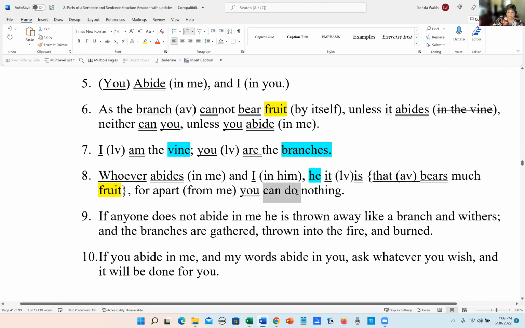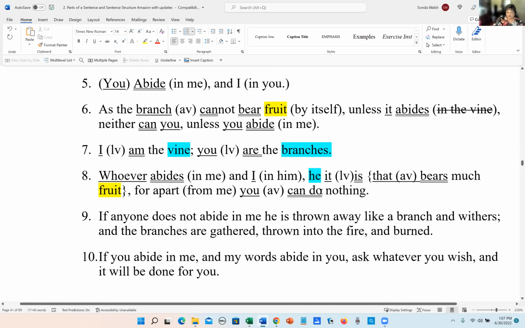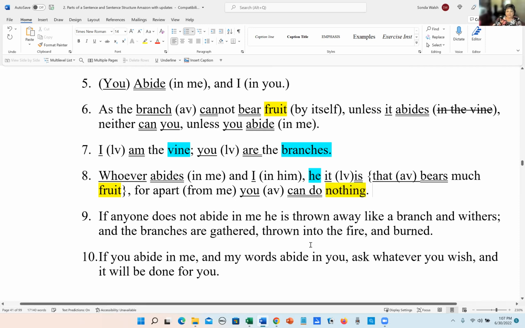And "can do" is an action verb. Nothing is a pronoun. Therefore, "you can do nothing," we're going to label this action verb. You can do nothing. Nothing is a direct object.